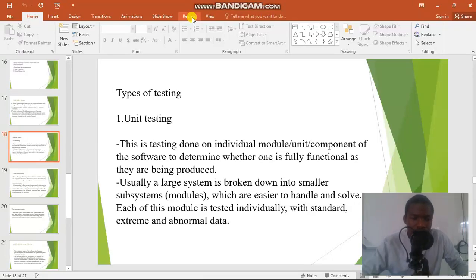In unit testing, the testing is done on an individual unit or component of the software to determine whether each one is fully functional as it is being produced. For instance, let me give you an example of a banking app. A banking app is a banking system which helps the user and the bank to interact with each other.